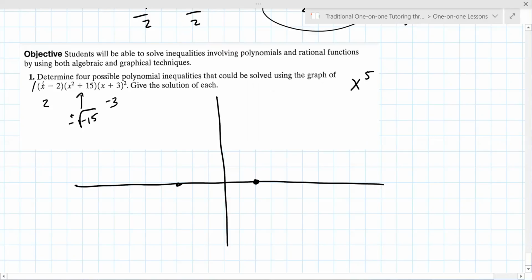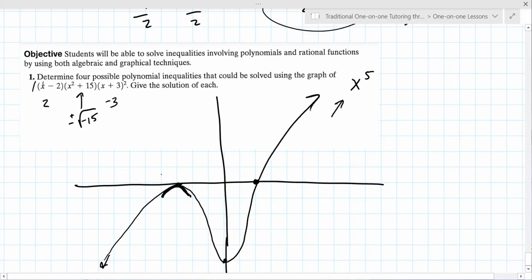The leading coefficient is 1, so it starts down here and ends up here. It touches right here because of that 2 on the outside. The value at 0, we can figure out, it's -2 times 15 times 3. It's way down here. So essentially this comes up and looks something like that.